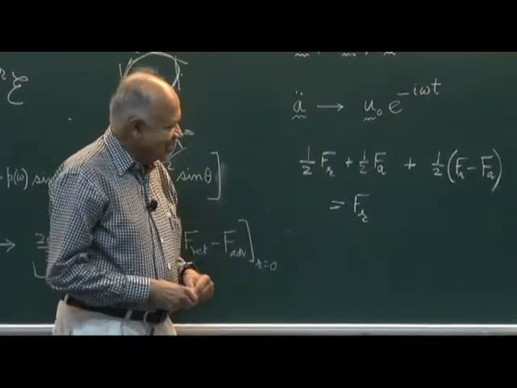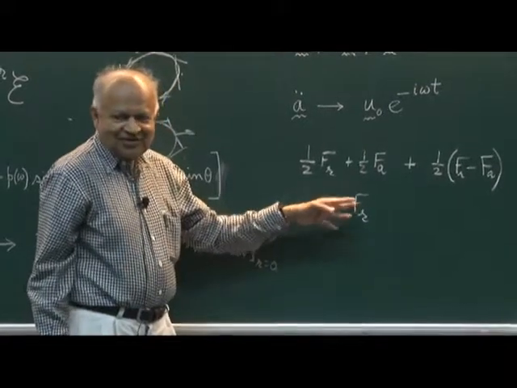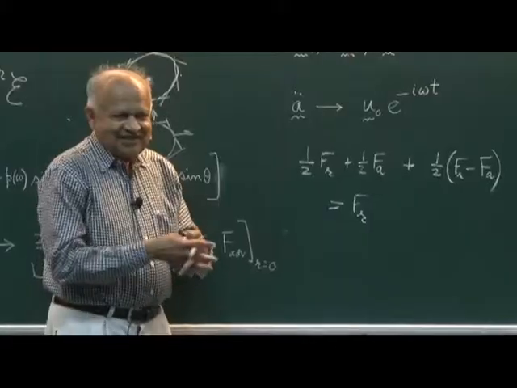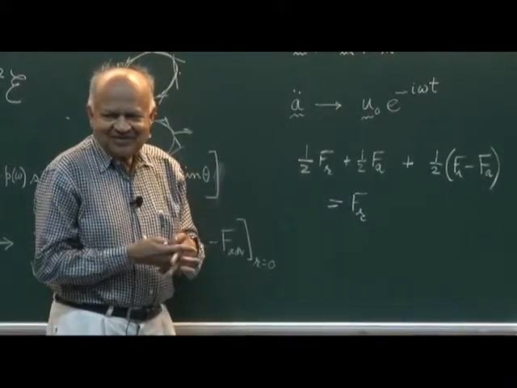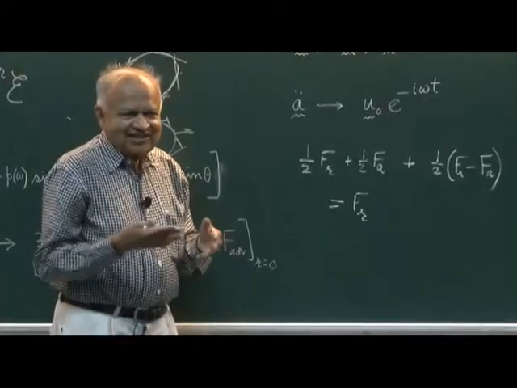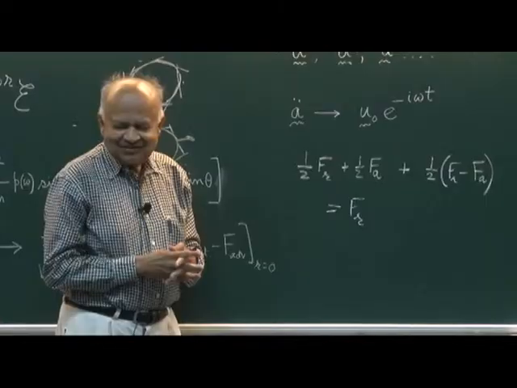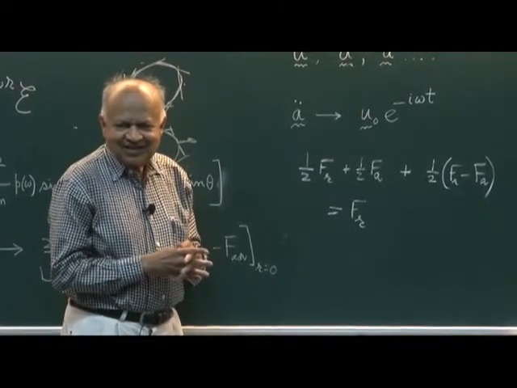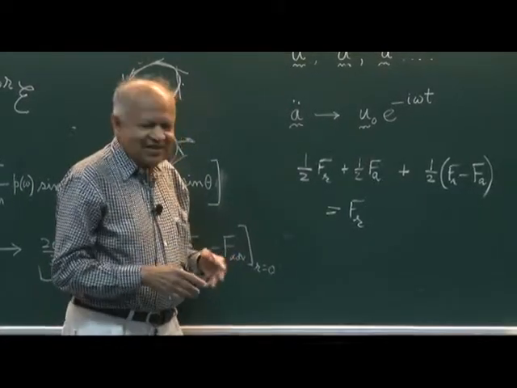Why are we getting something in favor of retarded? That is what they actually wanted to show. When you do any field theory and solve a problem in Maxwell's equations, you always say that we reject the advanced fields because they are not consistent with causality. So, what is left is retarded, but that is by choice.